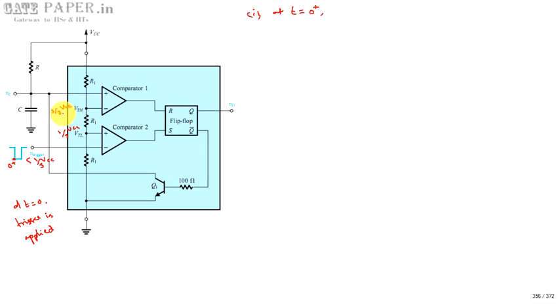Okay, and now the value across the inverting terminal of comparator 2 is going to be less than 1 by 3 VCC, so that non-inverting terminal of comparator 2 dominates, that makes the output of comparator 2 go to logic 1. That logic 1 you are applying for the S input of RS flip-flop, and at that time we will also check the value of comparator output 1.